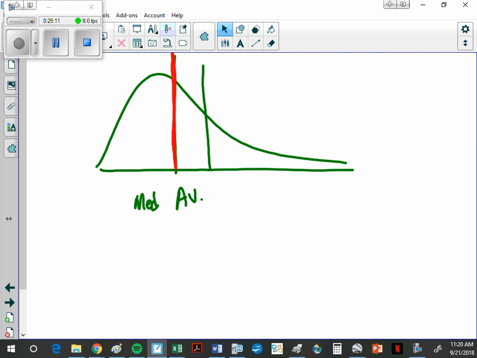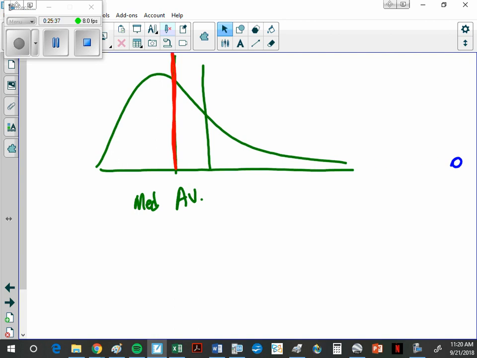Because that tail on the right contains really heavy people. And we might not be talking about weight, we might be talking about income, but the people on the right, there aren't many over there, but their values are so much higher than the others that they pull the average toward them.